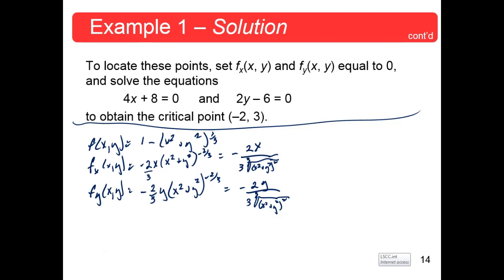I'm sort of surprised they gave you this as the second example, but notice they didn't put it in the slide set. Well, obviously, one place is where your first partial is equal to 0. Well, that's going to be at x equals 0 here, and at y equals 0 there. So here's a critical point, 0, 0.